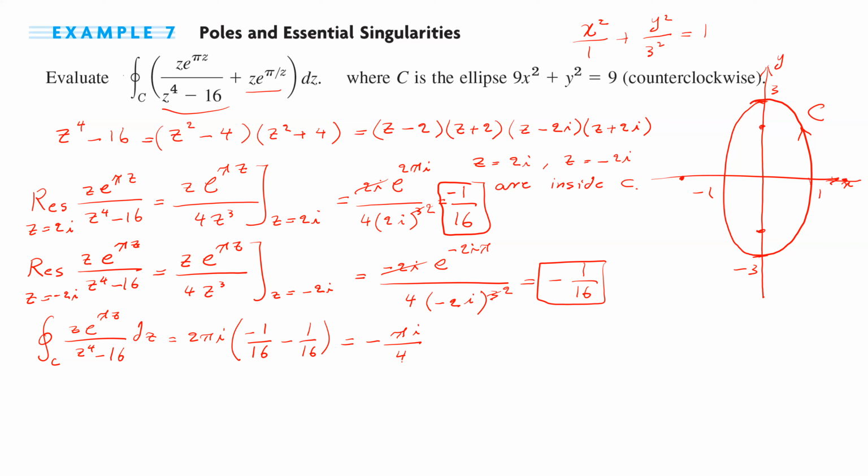So this is the first integral. For the second integral, there's no formula for the residue. We have to do an expansion. So what is z times e to the pi over z? Pi over z.